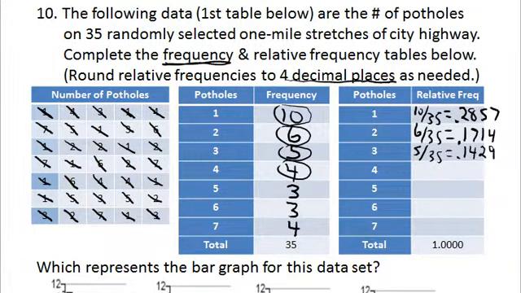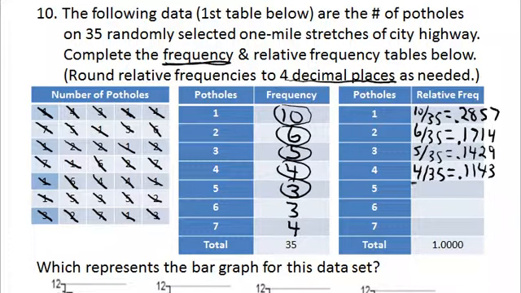And then 4 over 35, which comes out to be 0.1143.